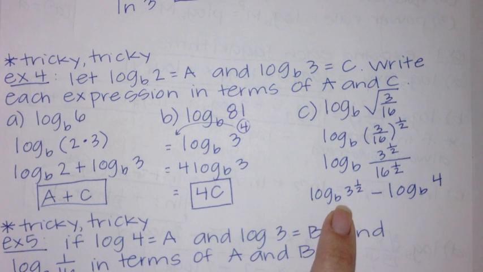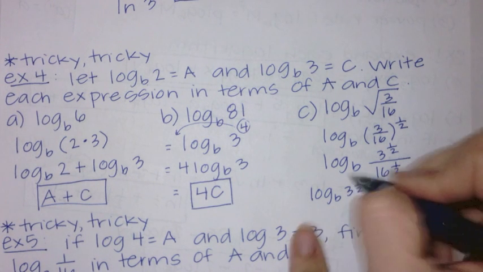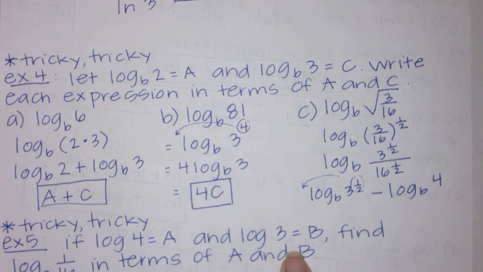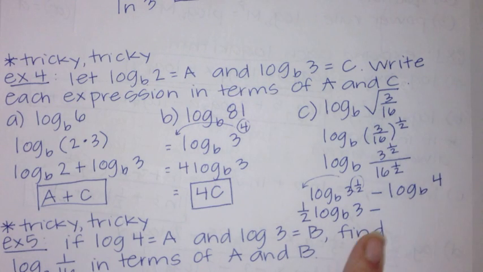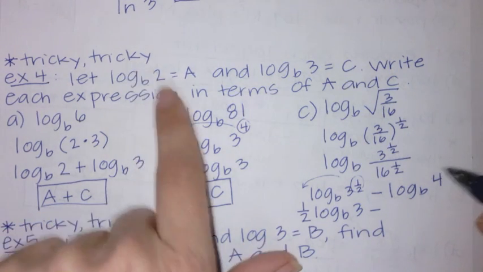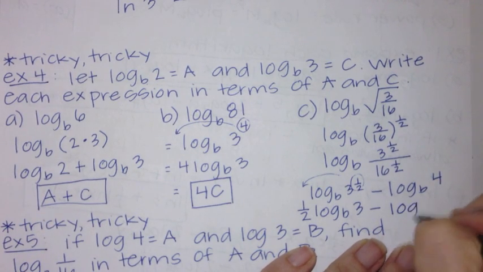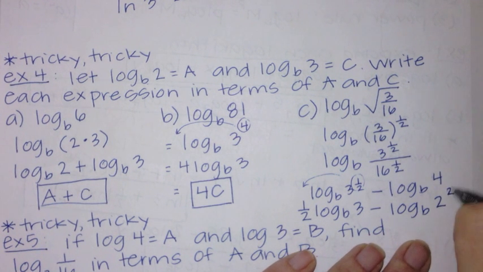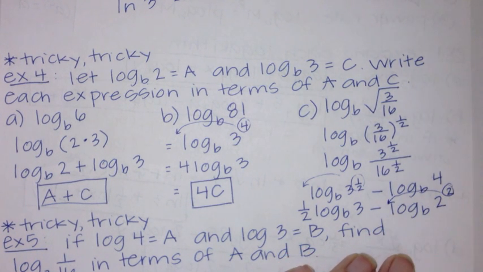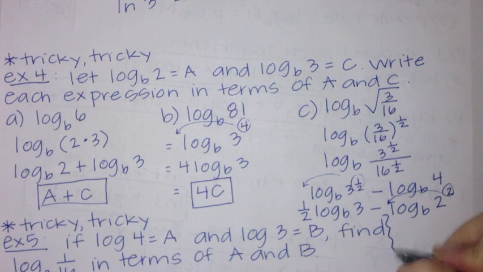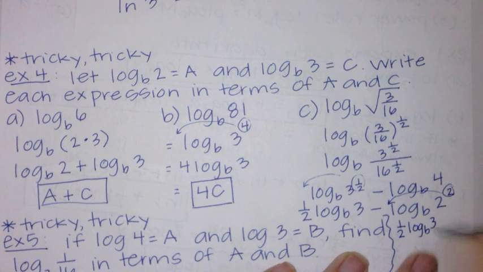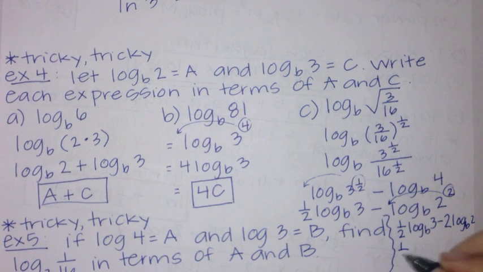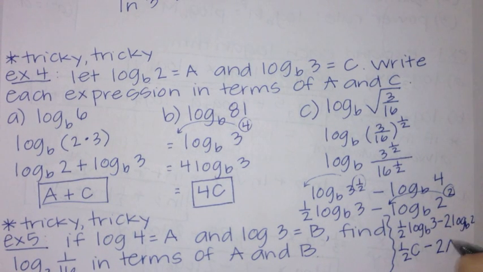I'm starting to see that log base b of 3, so I'm going to move this into the front, and that gives me 1/2 log base b of 3 minus, and I want to write 4 in terms of 2, so I'm going to put log base b of 2 squared. That 2 is going to come down, so I have 1/2 log base b of 3 minus 2 log base b of 2. So that's going to be 1/2 C minus 2A.